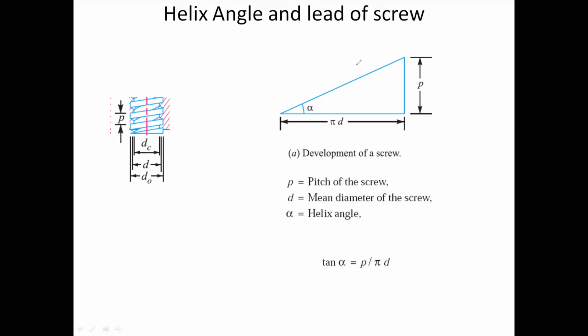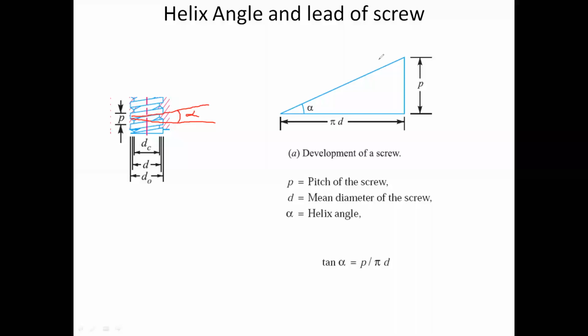Okay. Now, what is meant by helix angle? Helix angle is nothing but, here you can see any screw. If you find any screw, you'll find that there is an angle between the horizontal line and the thread. So this angle is called helix angle.